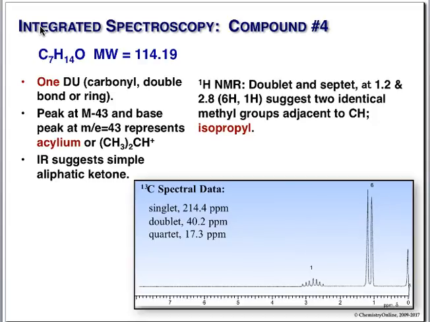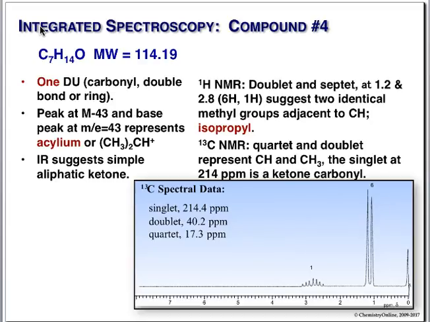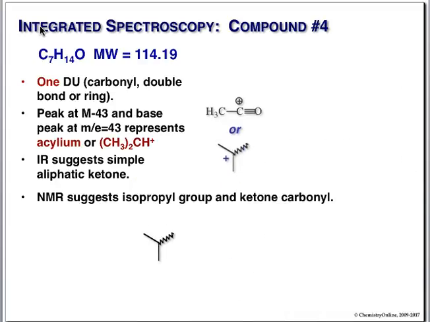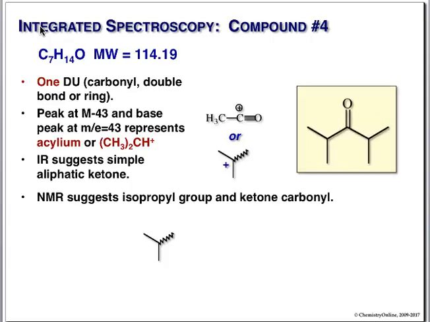Putting these together, we have a simple aliphatic ketone, isopropyl groups, acylium, probably an isopropyl cation too. I think the only way you can put this all together is to make diisopropyl ketone. Any questions?